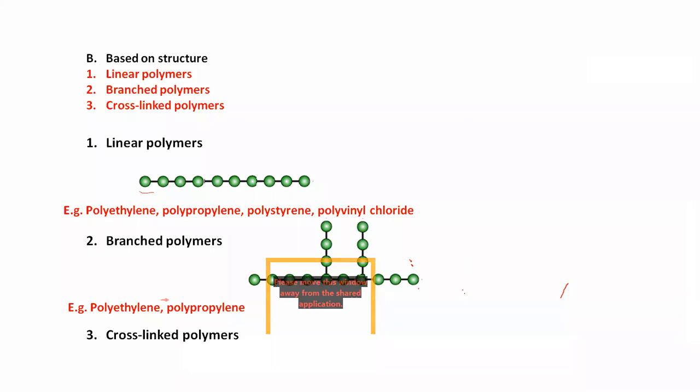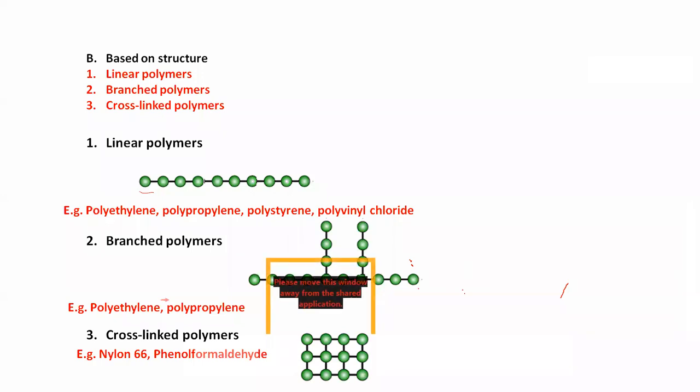Now, the third category is cross-linked polymers, very strong and tough polymers. Nylon 66, phenol formaldehyde, and urea formaldehyde are all cross-linked polymers. I think I should draw the structure here. Suppose M is a monomer, linked to another monomer, again to a third monomer, and so forth. Now this is one linear chain.